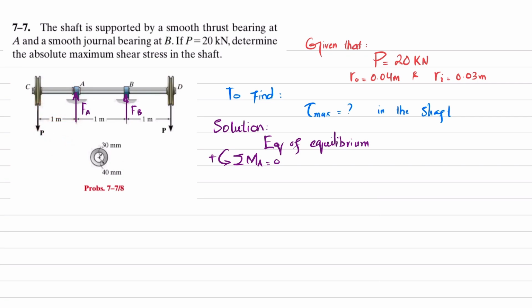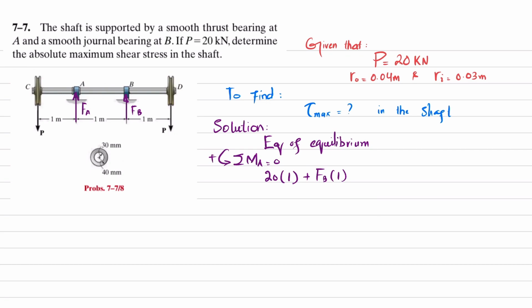So I will write P, which is 20 kilonewton, into perpendicular distance 1, and it is positive. The second moment is due to this FB, and the perpendicular distance is 1, and this is producing counterclockwise moment, so it will also be positive. So plus FB into 1.